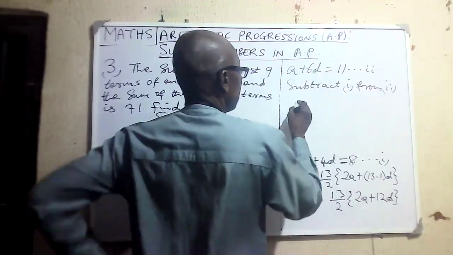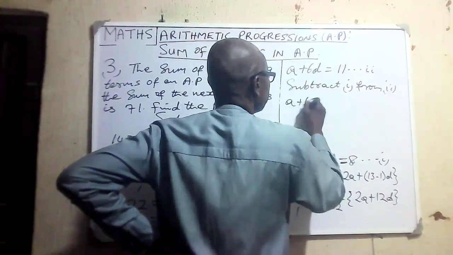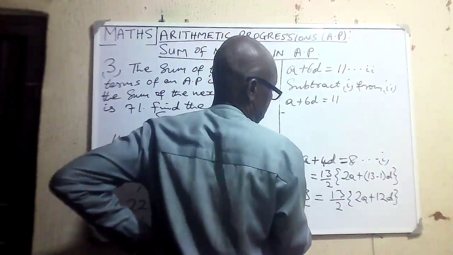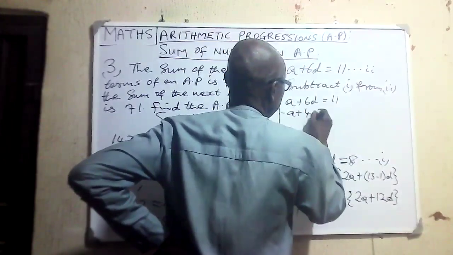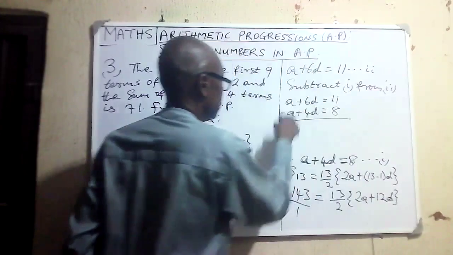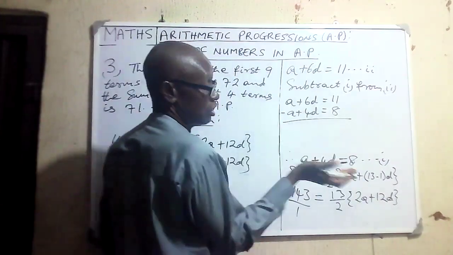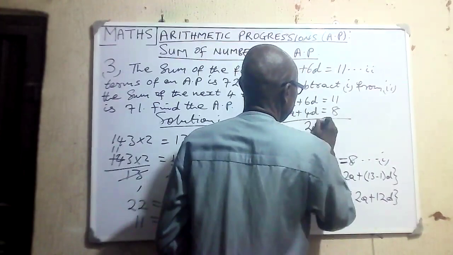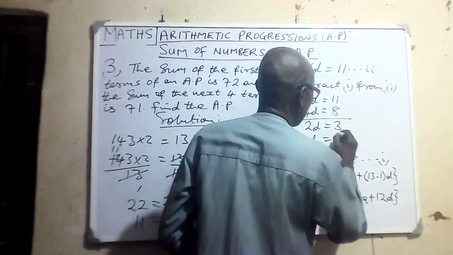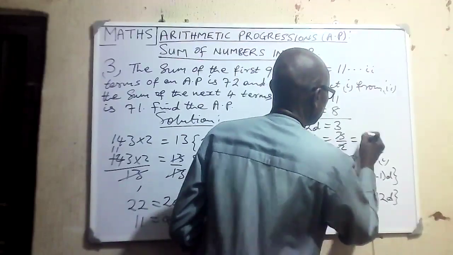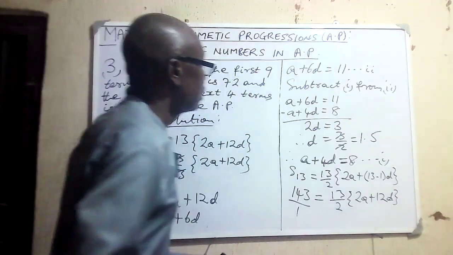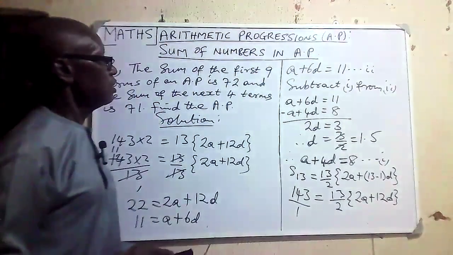And that means we are talking of a plus 6d equal to 11 minus a plus 4d is equal to 8. A will go, because a minus a is 0. This will give us 2d is equal to 3. Therefore, d is equal to 3 over 2, which is equal to 1.5. Okay? So we have succeeded in getting d.